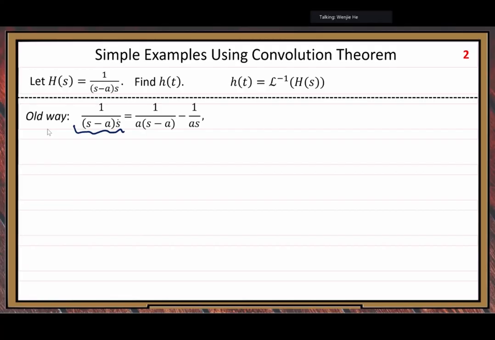If the sum of these two functions is a constant. For example, when you have 1 over (a minus s) times s, then the sum of these two functions is a constant, and you use addition. If the difference of these two functions is a constant, then you use subtraction. Here the difference is a constant, so we use subtraction.